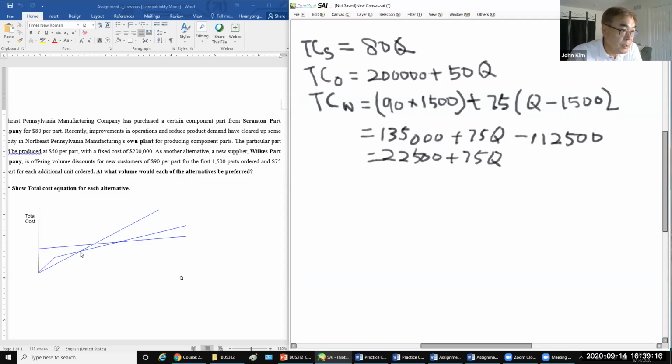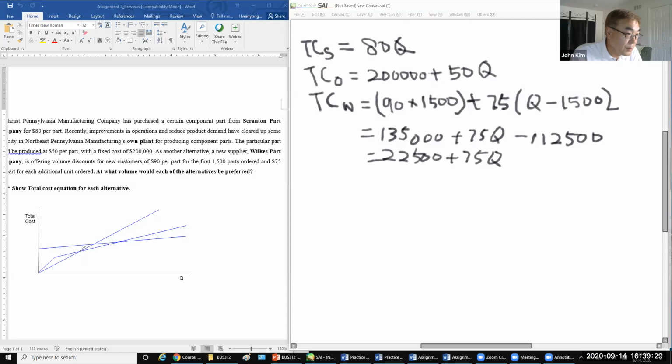So let's say this point and this point. This one is TCS, just straight from 0. And then the second one, TCO. This one is TCW.